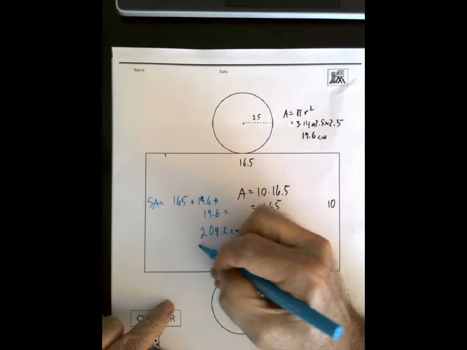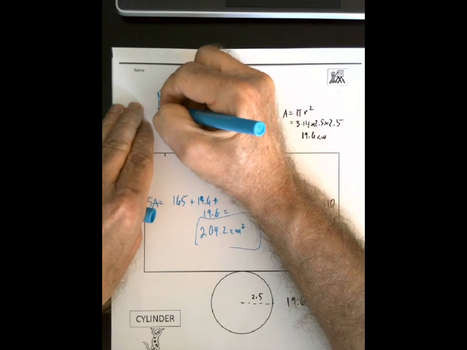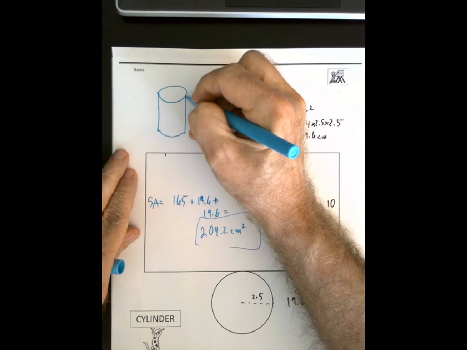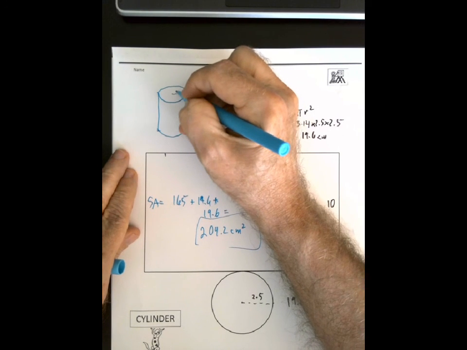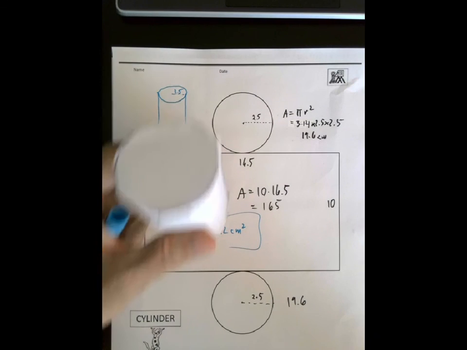Keep in mind, that is for this constructed cylinder where the radius was 2.5.